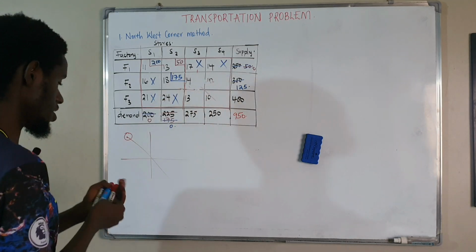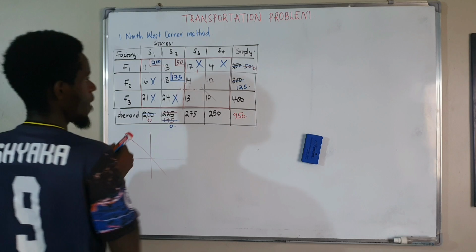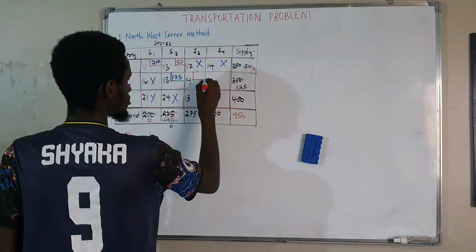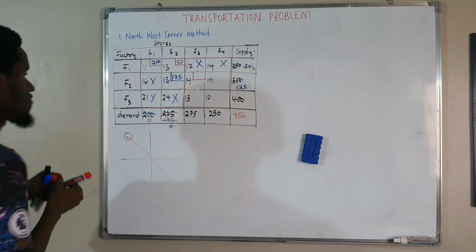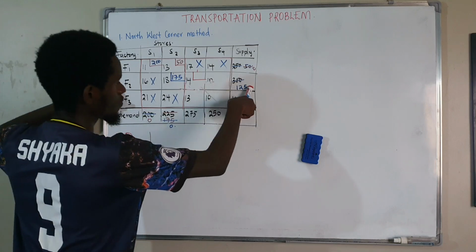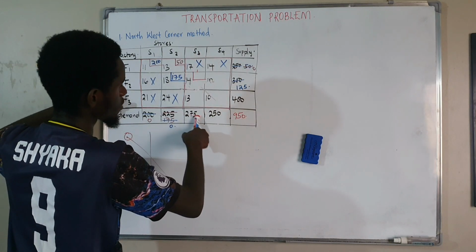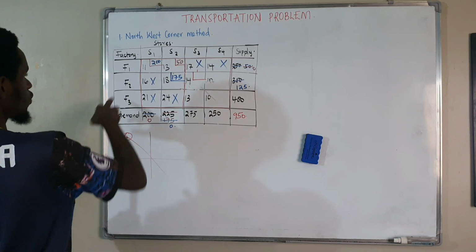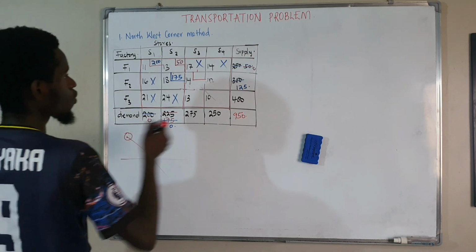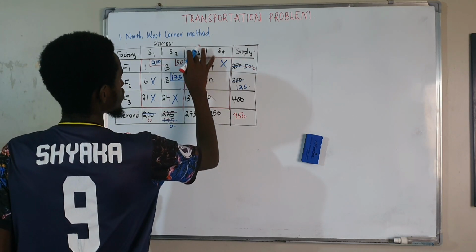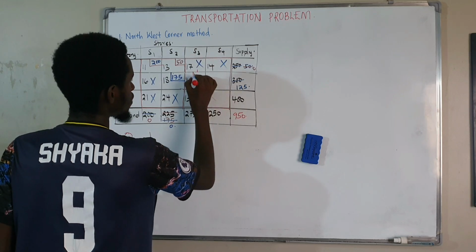Therefore, I'll be able to say that for this box of mine here, factory 2 is supplying 125, but store 3 is demanding 275. Therefore, what factory 2 is supplying will be all consumed, which is 125.